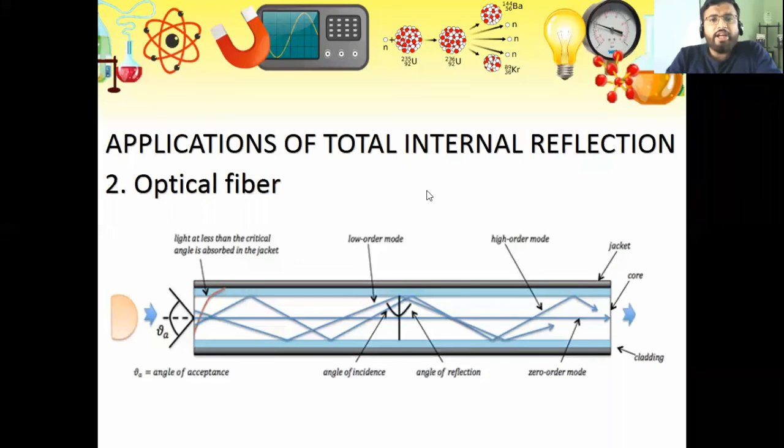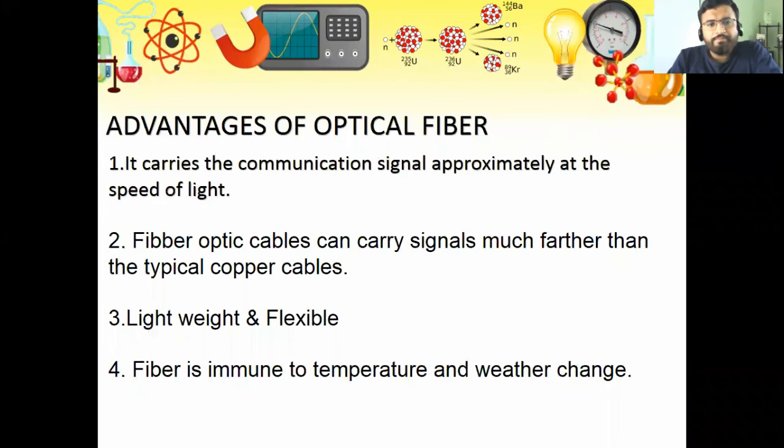Let us look into the advantages of optical fiber. It carries the communication signal at approximately the speed of light, and that is why it is the fastest way of communication. Fiber optic cable can carry signals much faster than copper cables because copper wires have their own resistance.